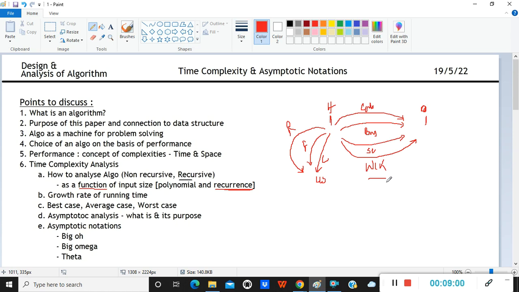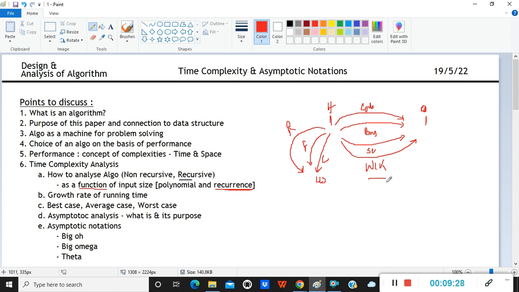So deciding the particular algorithm for a particular case is the output of this analysis of algorithm. So this is the aim of this subject, to analyze the algorithms and decide which algorithm is best feasible for your current problem, right? Is it okay? Yes, it is fine.